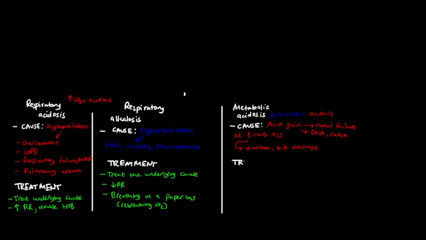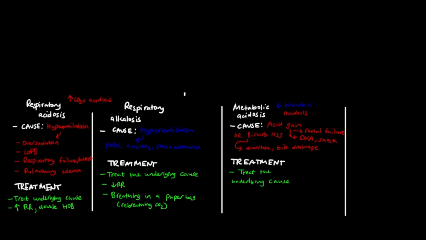So then for the treatment, you of course want to address the underlying issue. So let's say someone is in the state of metabolic acidosis, and the cause is DKA, diabetic ketoacidosis. So by treating DKA with fluids and insulin, that's going to help stabilize the patient and remove them from a state of metabolic acidosis.